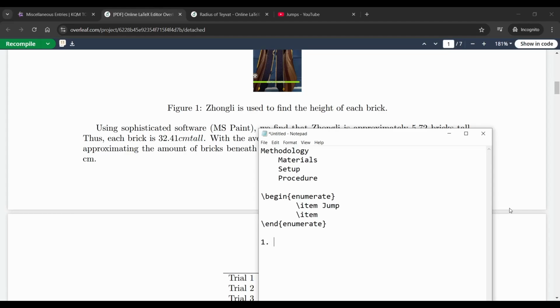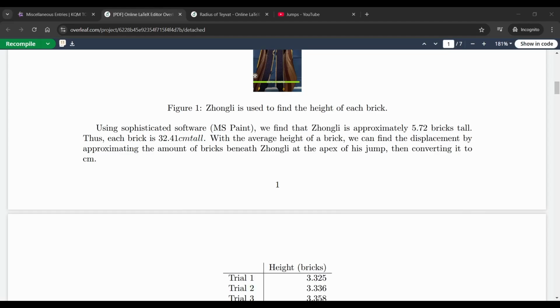What this will essentially look like is step 1, jump, step 2, maybe start recording. It will look something like this: start recording, then jump, step 3. You get the point.